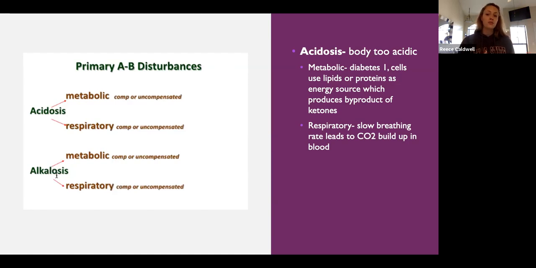Respiratory acidosis would be caused by a really slow breathing rate. If you're breathing really slowly, this is going to cause carbon dioxide to build up in the blood, causing the blood to become more acidic. An example where you would see this would be if someone was losing a lot of blood, like in a car accident, with a major laceration and bleeding out.